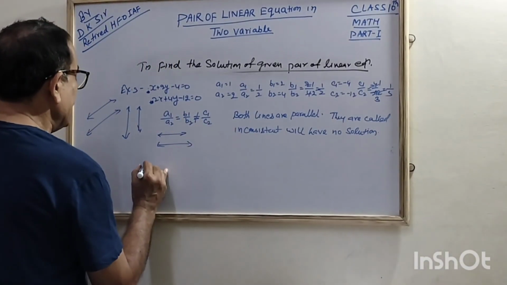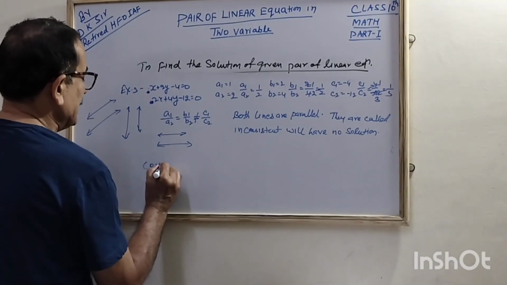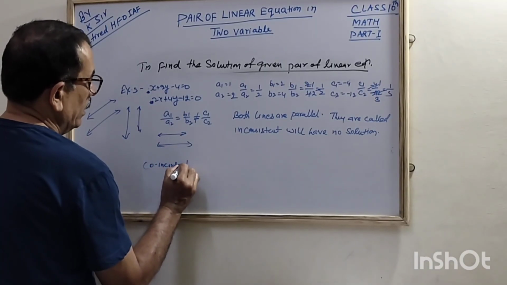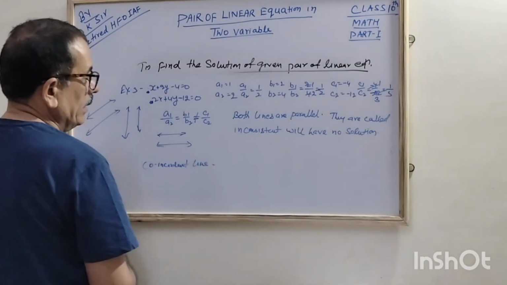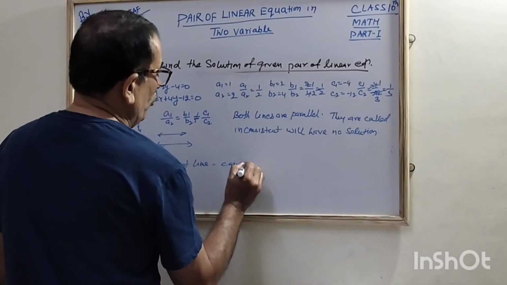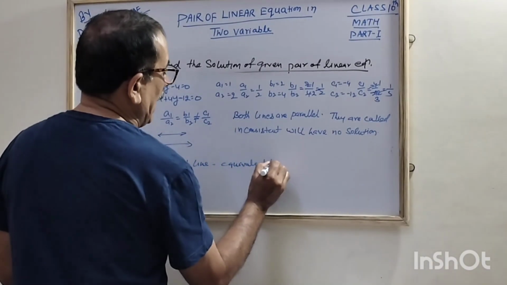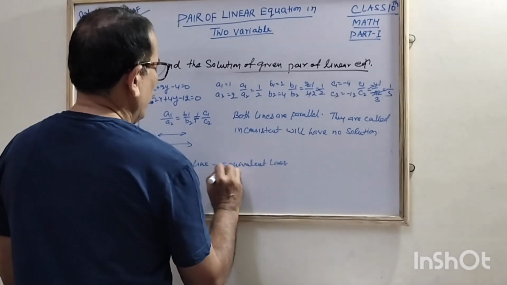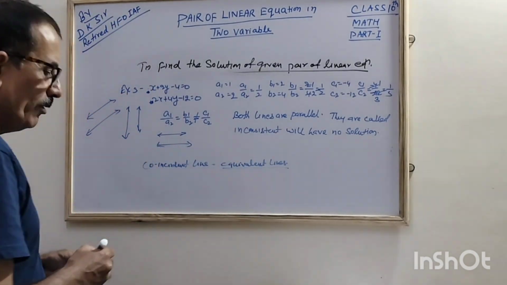The coincident line is sometimes called the equivalent line also, correct?